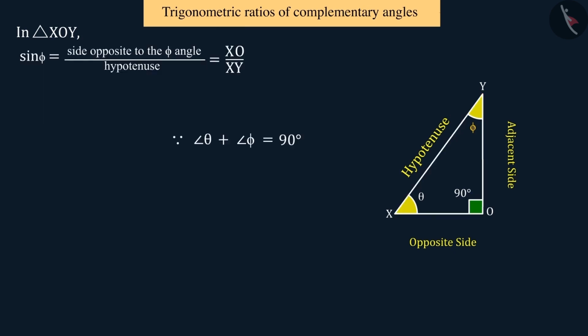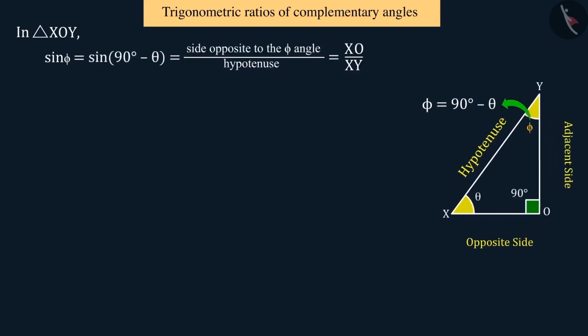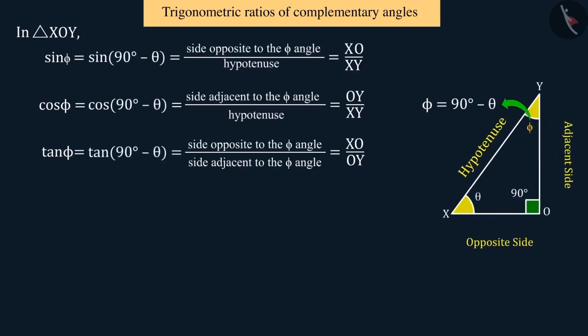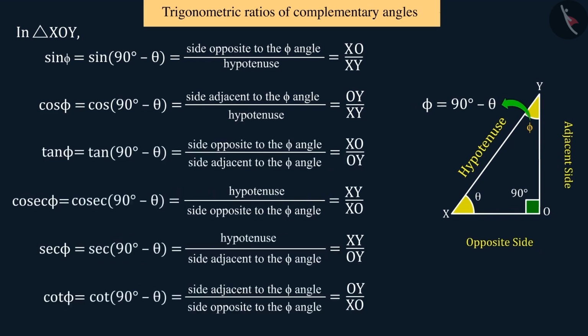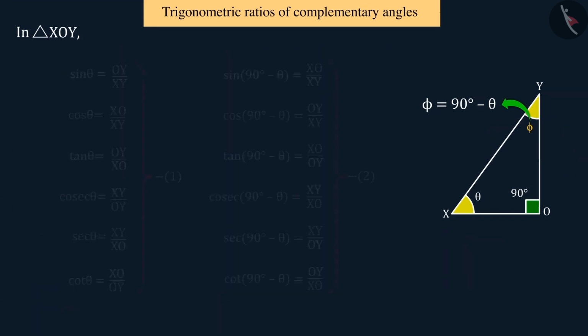But from the figure we can see that theta and phi form a pair of complementary angles. Hence, let us substitute phi with 90 minus theta. Similarly, find the values of other trigonometric ratios, which are represented by equation 2.